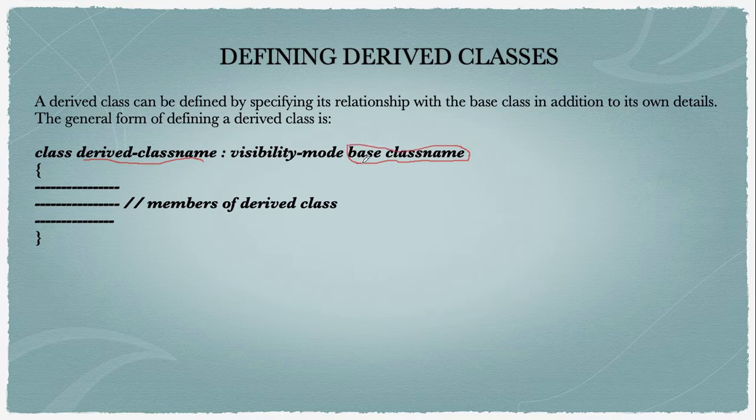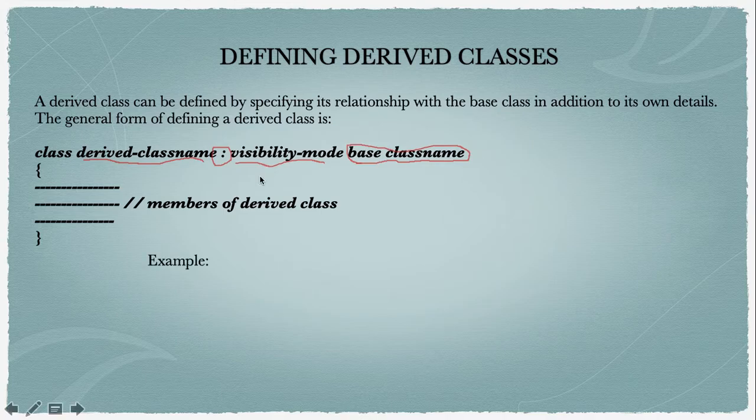Before that, we have to specify the visibility mode, that means in which visibility mode you want to use this base class. Maybe it's public mode, private mode or protected mode, and we specify the relationship with the colon. This is how we define a derived class.